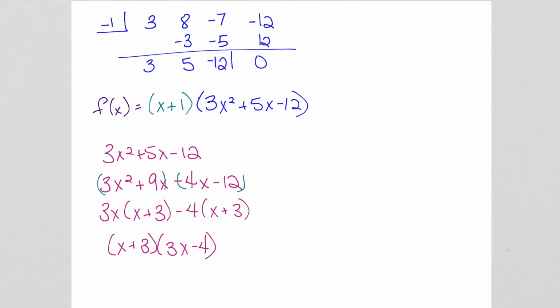So what this means for us is that f of x factors to be x plus 1 and then x plus 3 times 3x minus 4. So we've completely factored. Now it wants us to find the real zeros.